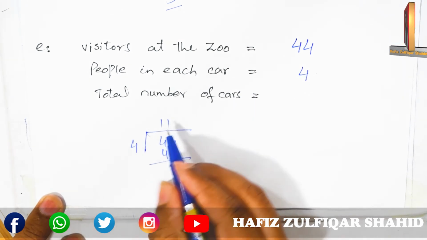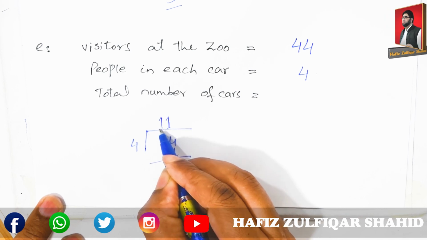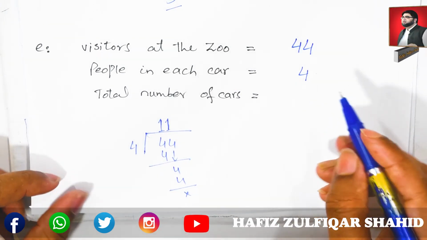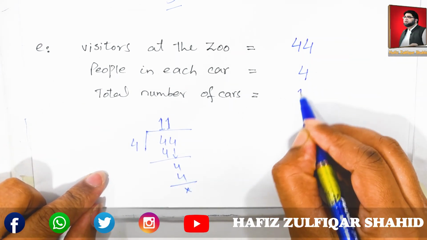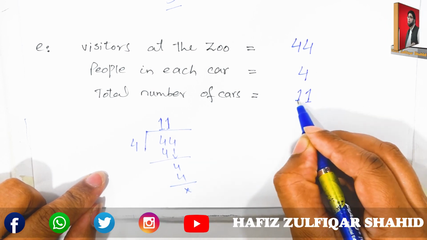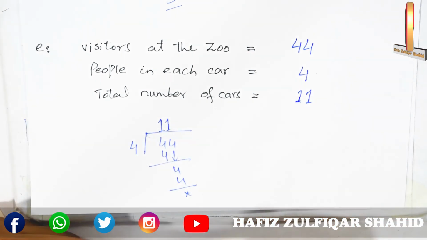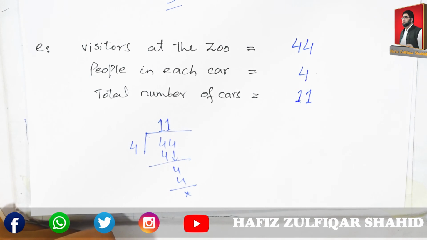It means 11. How many cars are needed to fill 44 passengers or 44 people? If there are 11 cars in the parking of the zoo, then there are 44 visitors at the zoo.